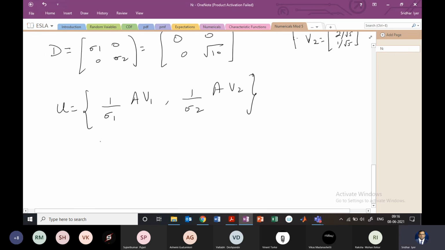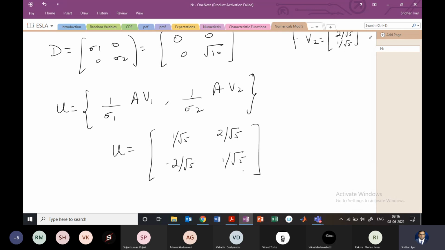So taking those values, I'm not doing the algebra here. So what I have with me is this. You can check. I get u as 1 by root 5, 2 by root 5, minus 2 by root 5, and then 1 by root 5. That's what I get for u. Right.